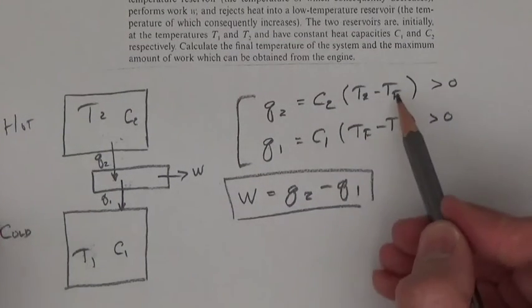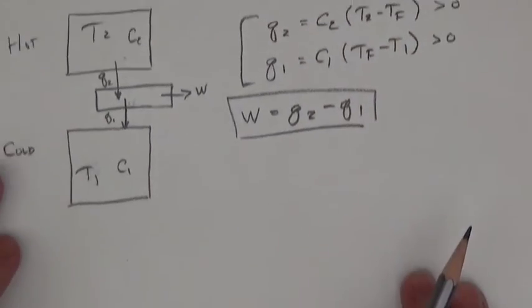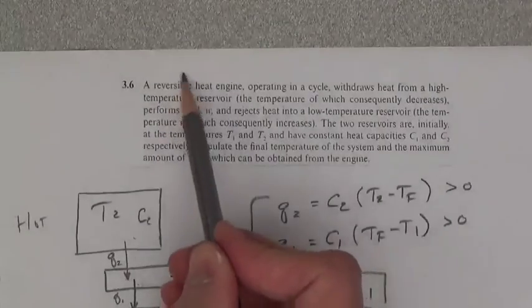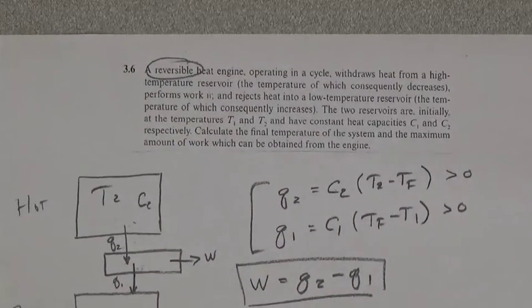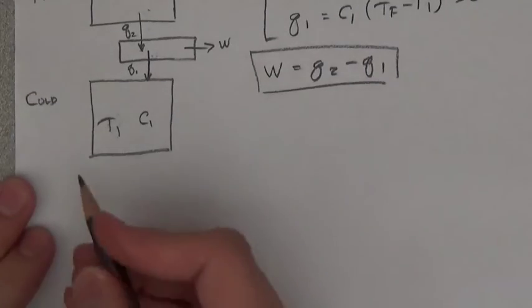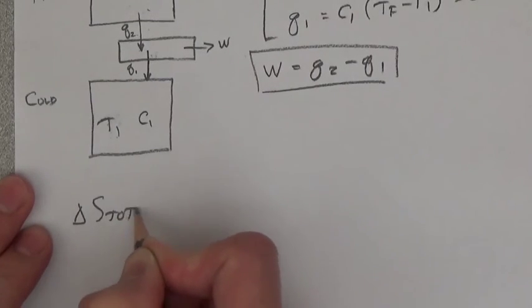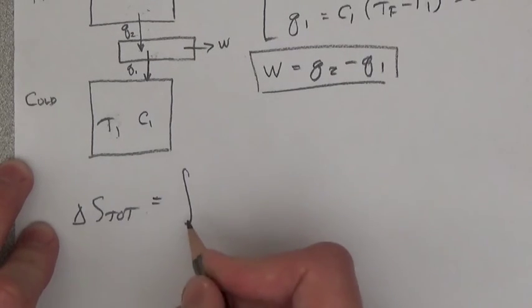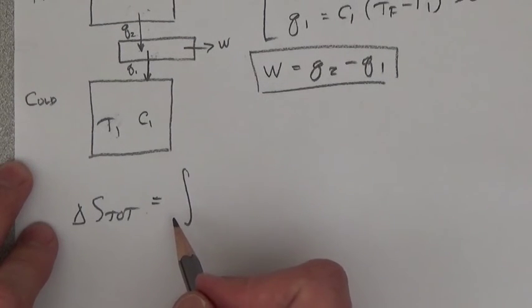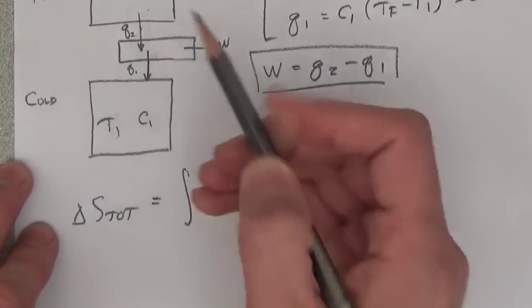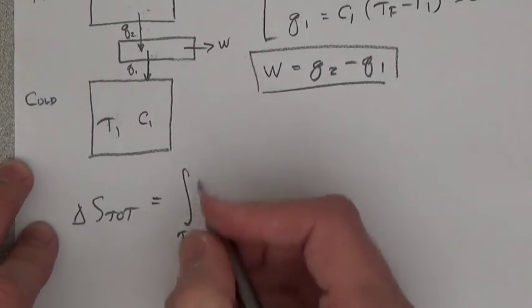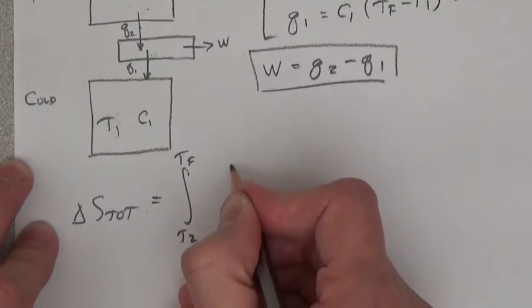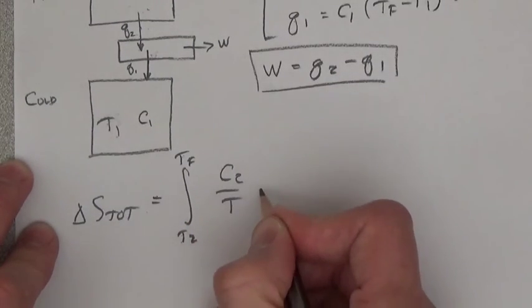The next question is, how do we get what this final equilibrium temperature is? And we can get that by recognizing that it's a reversible engine. Therefore, we can use the constraint that the total change in the entropy has to be equal to 0. So delta S total, and this is the entropy change where heat flows out, that's going to be the integral from T2 to TF of C2 over T dT.